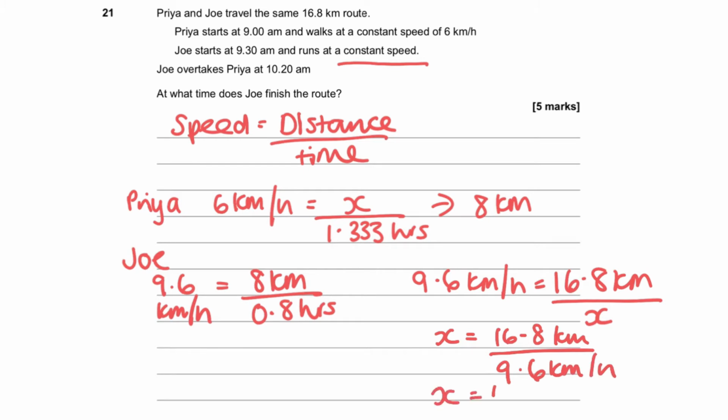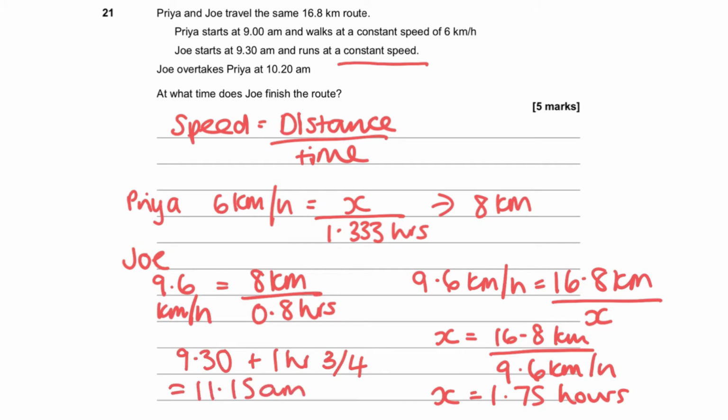So x is equal to 1.75 hours, which is 1 hour and 3/4. The question asks, what time does Joe finish the route? He started at 9:30 and we want to add 1 hour and 3/4. So he finished the route at 11:15.